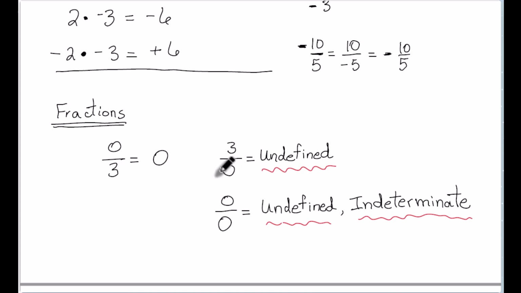If you have a fraction where the bottom part, the denominator, is 0, we say the whole fraction is undefined. And even worse than undefined, if we have 0 over 0, this is undefined and it's also indeterminate, which means you must do more work to figure out what exactly is going on.